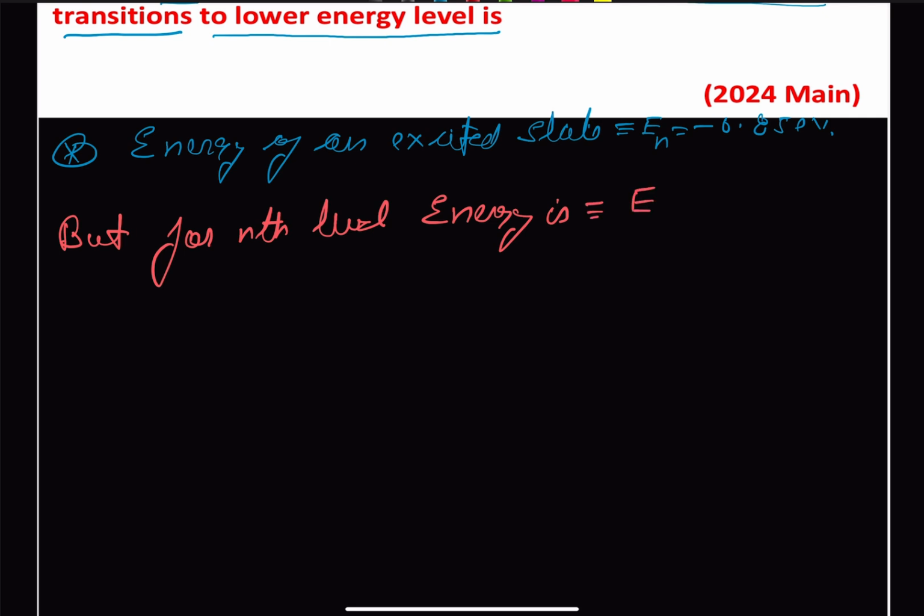But for nth level, energy is, that is our standard formula, E of n is equal to minus 13.6 upon n square electron volt. So we can just equate them.